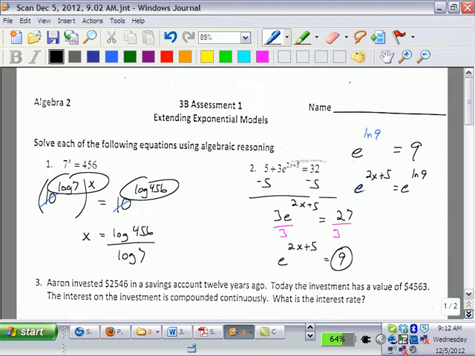Yes, you can find e on your calculator. It's probably second ln, above the divide. Yeah, you just leave it like this. Now that you've established a common base of e, we're working with 2x plus 5 equals natural log of 9.